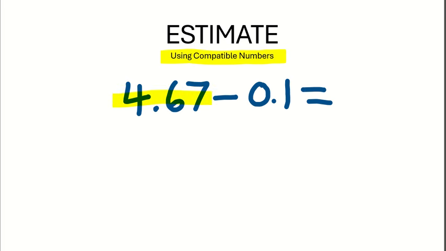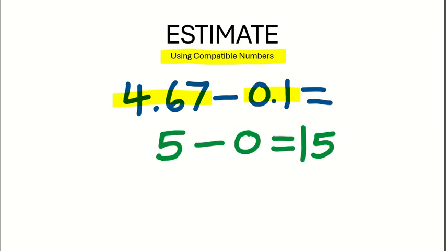Is $4.67 closer to $4 or $5? We know that it's closer to 5, so we'll go ahead and make that a 5. And then, is 10 cents closer to no money or $1? Well, in this case, it's closer to not having any money at all. So a good estimate would be 5 minus 0, which gives us 5, which is going to be close to the actual answer.